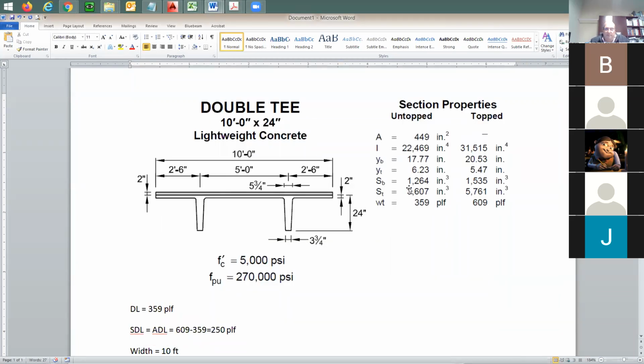Topped. Great. But when you apply the pre-stress force, it is already locked in the double T only, without the topping. So actually you cannot, because the cross-section area exposed here to the compression is going to be only this light area. It's going to be the untopped. And this explains that there are no topped properties for the cross-section area, because you cannot apply the pre-stress force to this shaded area.